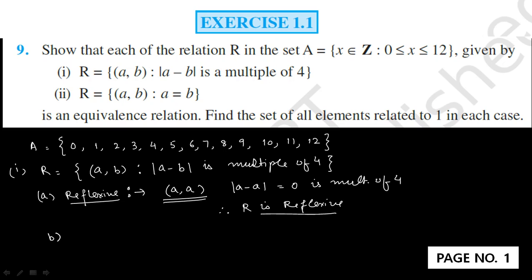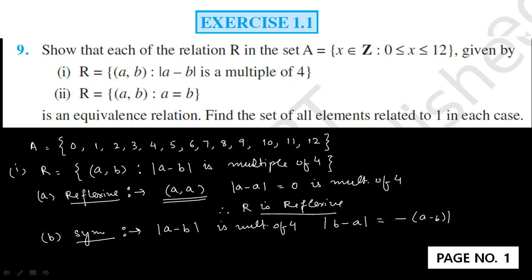Now what about the second condition? Second one is symmetric. If |A minus B| is a multiple of 4, now what about B minus A? |B minus A| can be written as |minus (A minus B)|, and it can be written as |A minus B|.